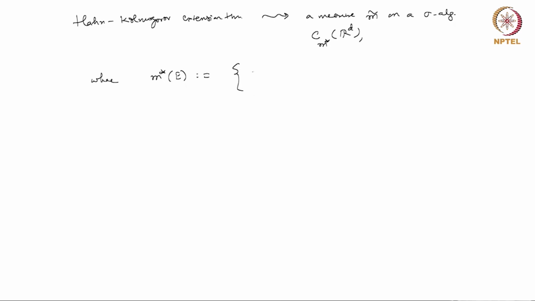So this is the infimum of the sum n equal to 1 to infinity of m(Ei), such that E is a subset of the union of Ei and Ei belongs to this elementary algebra for each i.